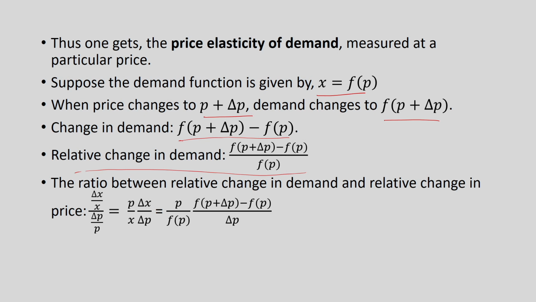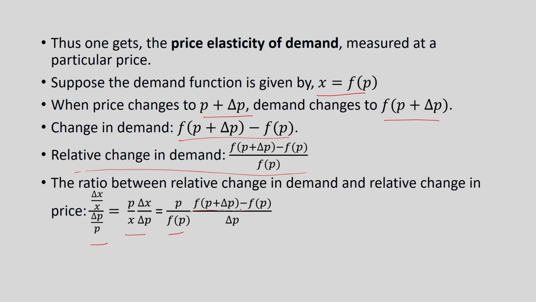The ratio between the relative change of demand and relative change in price is given by delta x divided by x, divided by delta P divided by P, and this turns out to be P divided by x multiplied by del x divided by del P. And now I am going to just use this: x is equal to f of p, and what is change in demand?